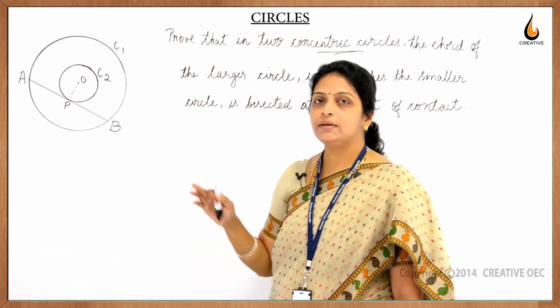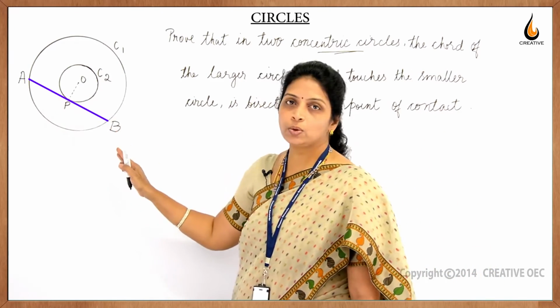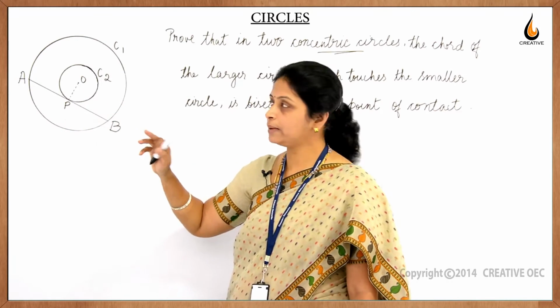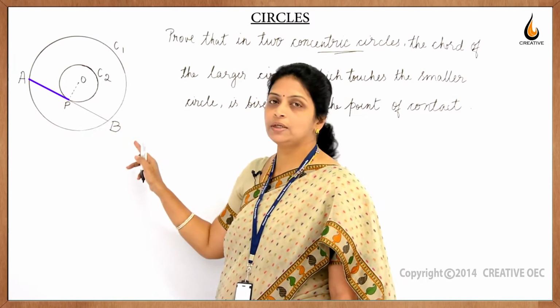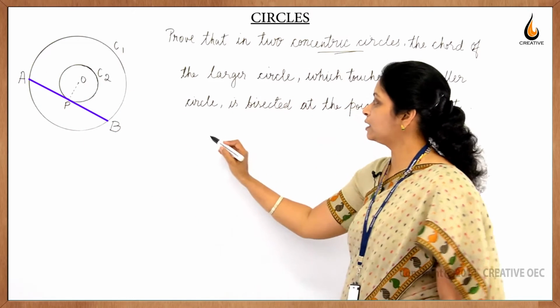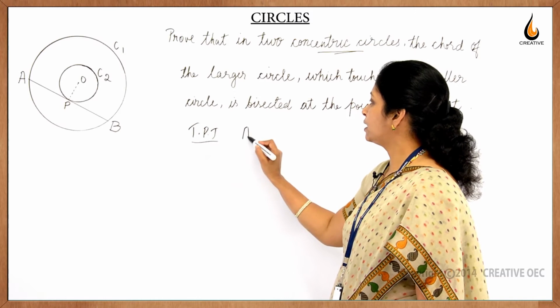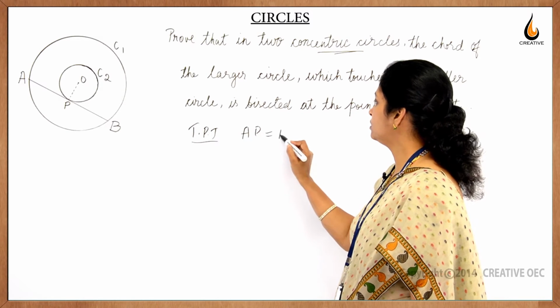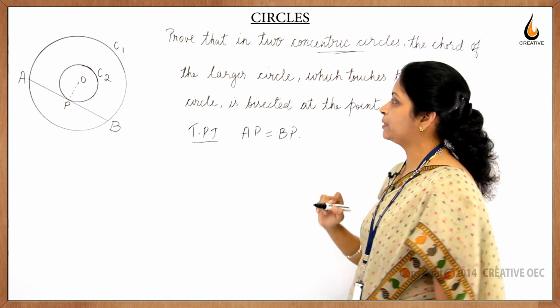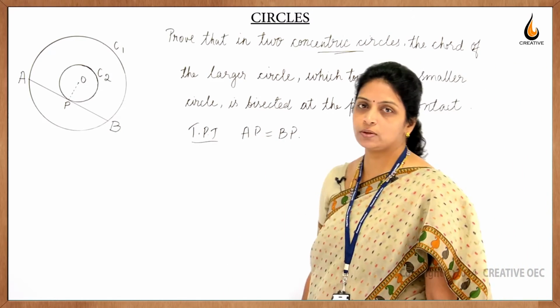Bisected means dividing into two equal parts. That means if AB is cut into two equal parts at the point P, then AP should be equal to BP. That is, this part and this part should be equal. We have to prove that AP is equal to BP.